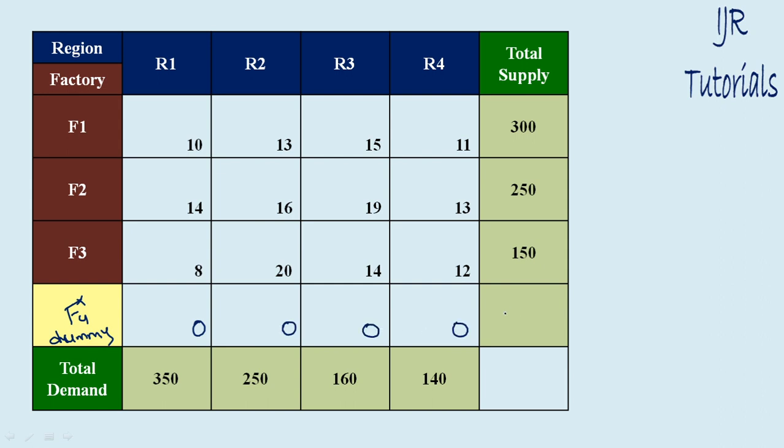The difference between the supply and demand is written here, and now the total supply is equal to the total demand. So now this problem is ready to solve. We have to apply northwest corner, least cost method, or Vogel's approximation, or MODI method, or stepping stone method to this matrix.